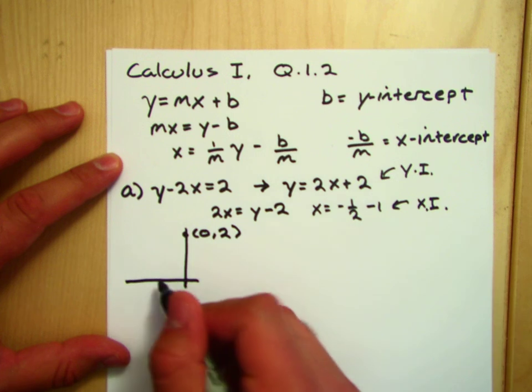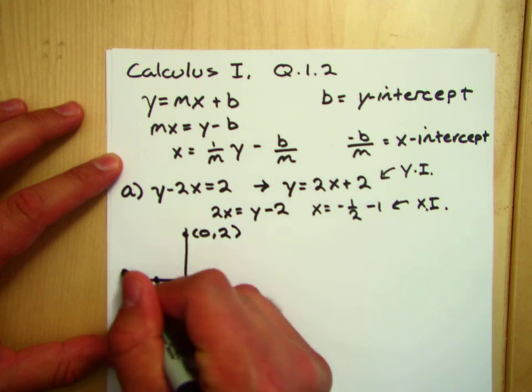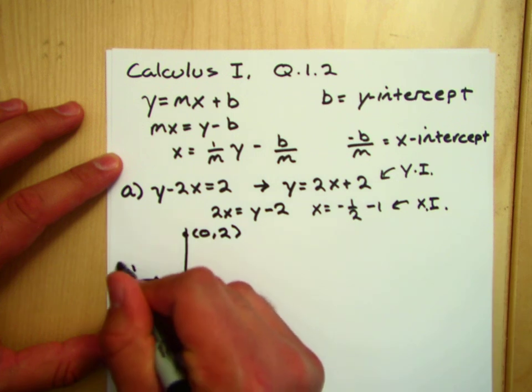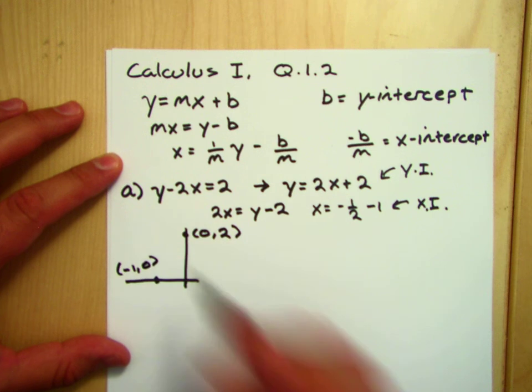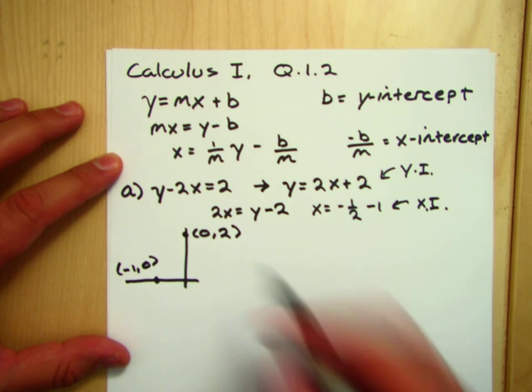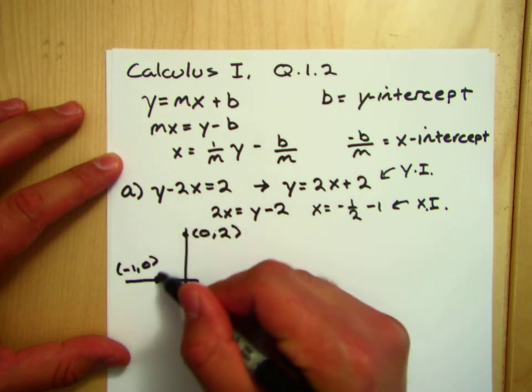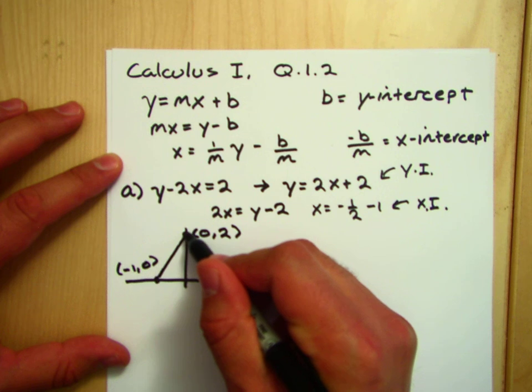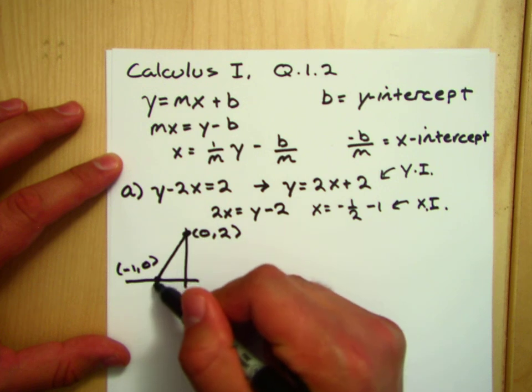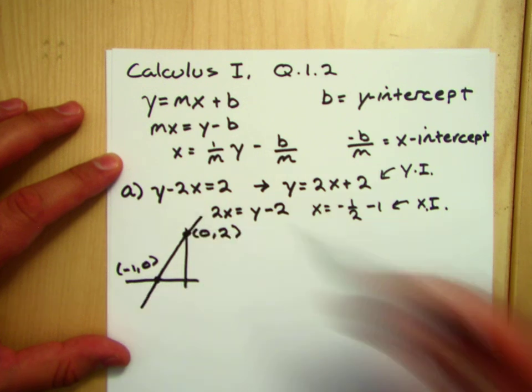And then the x-intercept is negative 1, so that's a point of (negative 1, 0). And the line that goes through those 2 points is the one we want to graph.